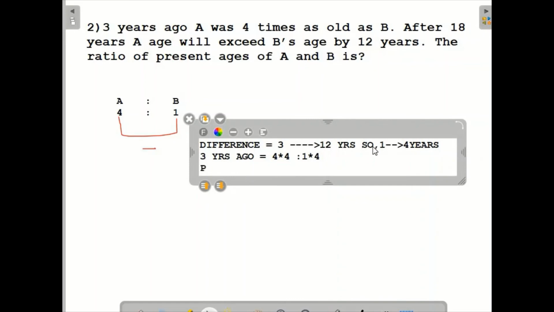So their present age will be 19 is to 7. That is 16 plus 3 and 4 plus 3.